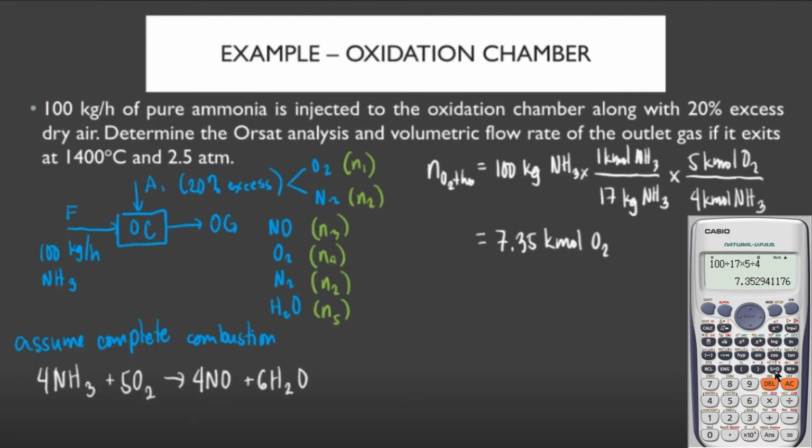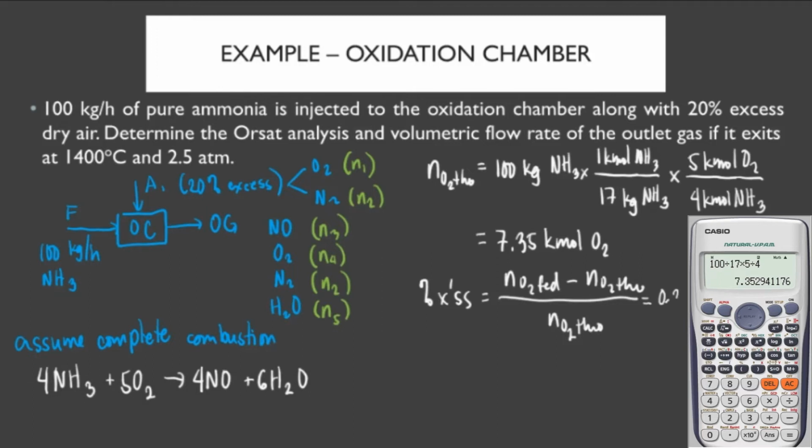We can now apply the definition of percent excess air to determine how much oxygen was fed to the process. To refresh your memory, percent excess air is equal to the number of moles of oxygen fed minus the number of moles of oxygen theoretical, this is the 7.35 we have determined earlier, divided by the theoretical amount of oxygen. If this percent excess is 0.2 or 20%, we can directly solve for the amount of oxygen fed.